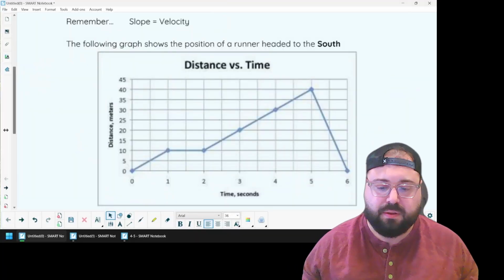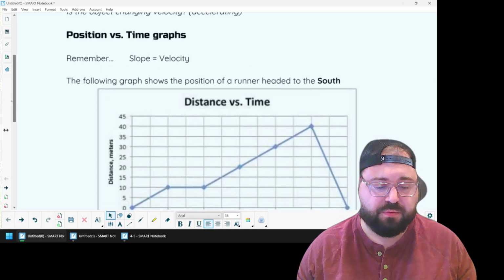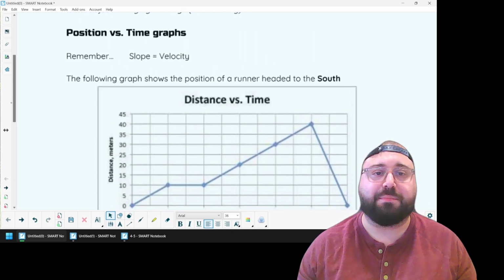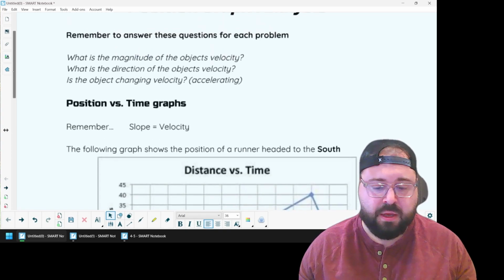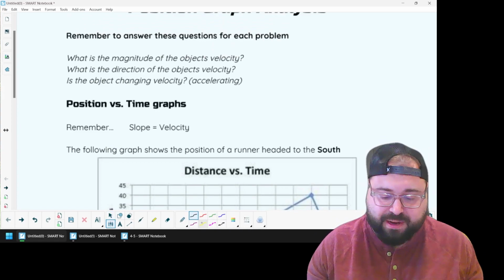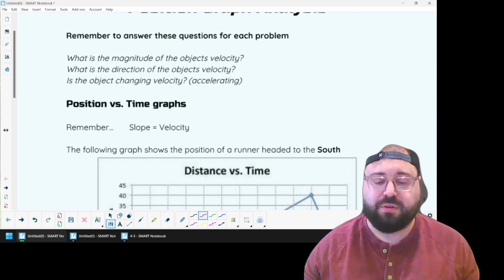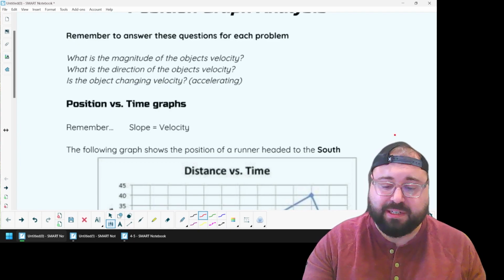All right. So here was the graph that we had, and we were asked to first go through and describe the motion of an object at various points along the journey. There were three things that we've talked about in class that we need to do when describing the motion of an object. First, what is the magnitude of the object's velocity? So if we can, we want to calculate the velocity of the object.